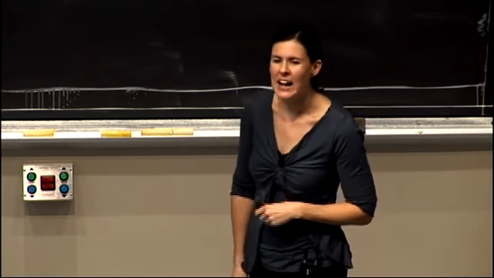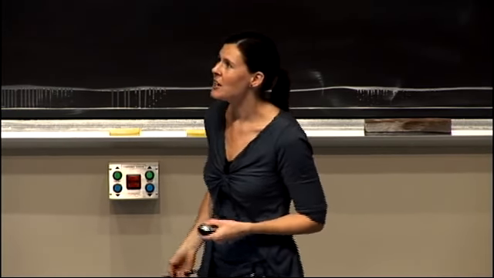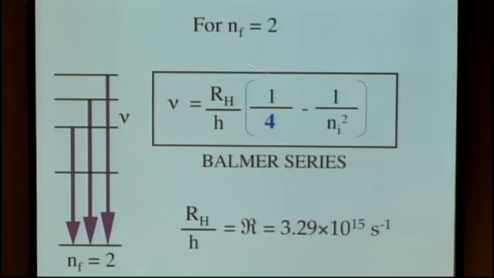And it turns out that we find this matches up perfectly with Balmer's equation, because the value of RH, the Rydberg constant, divided by Planck's constant is also another constant, so we can write it as this kind of strange looking cursive R here.